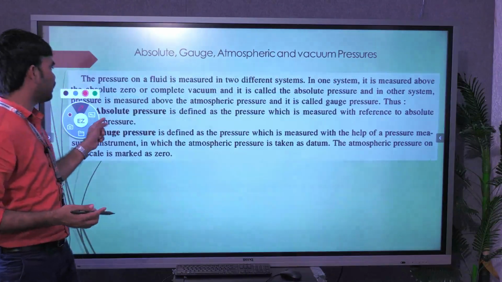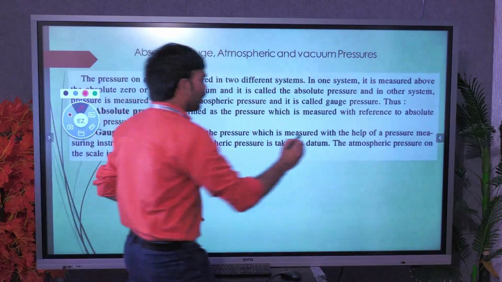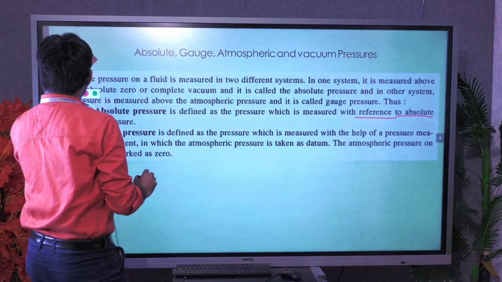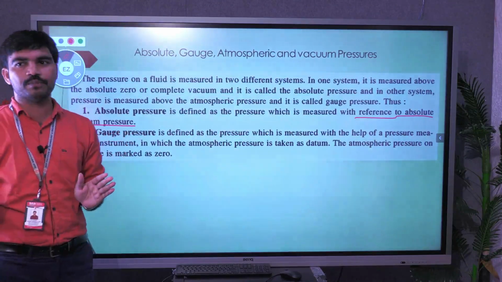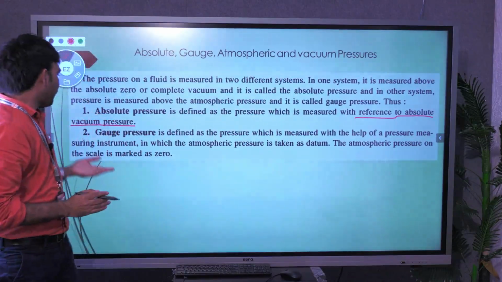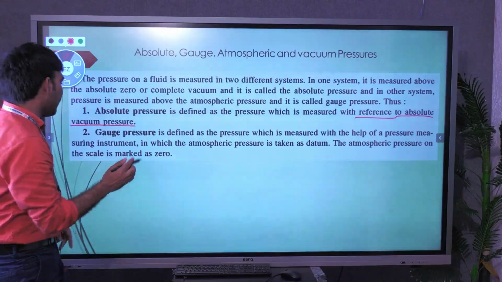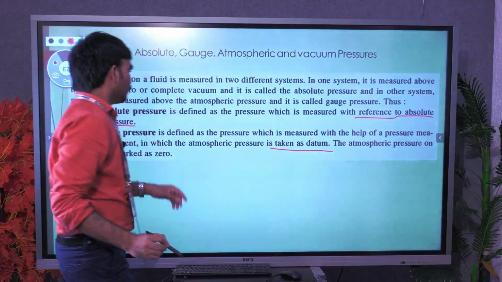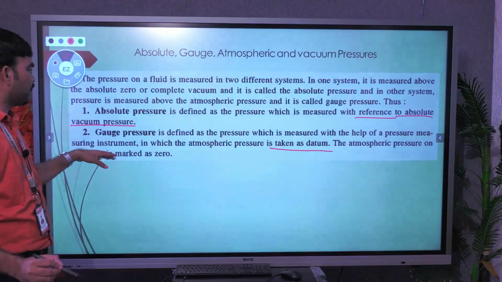If you see the definitions, the absolute pressure is defined as the pressure which is measured with reference to absolute zero, with reference to absolute vacuum. And if you measure the pressure with respect to atmospheric pressure as a datum, normally the gauge pressure is measured with the help of pressure measuring instruments.